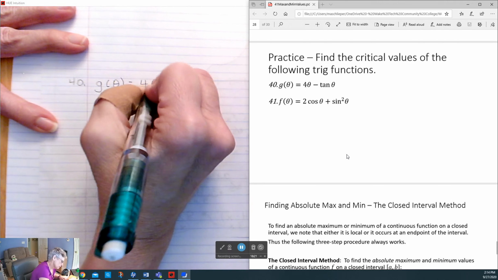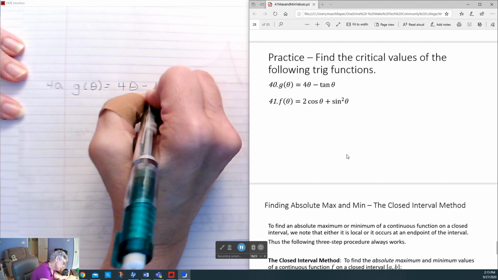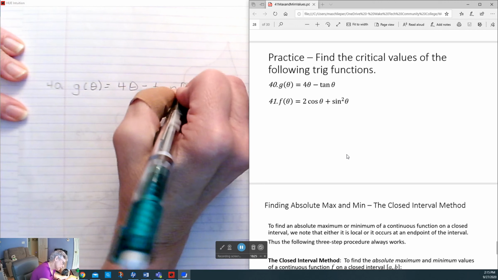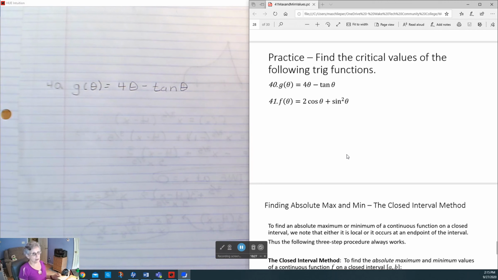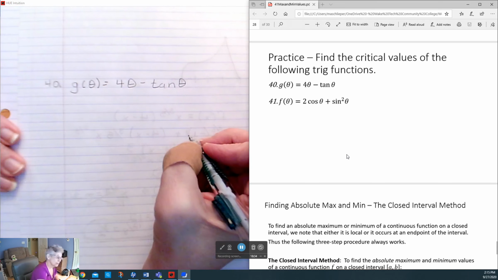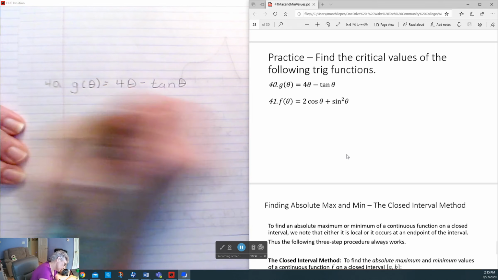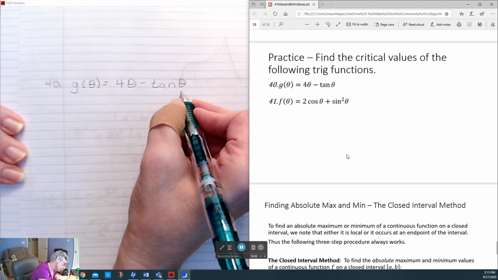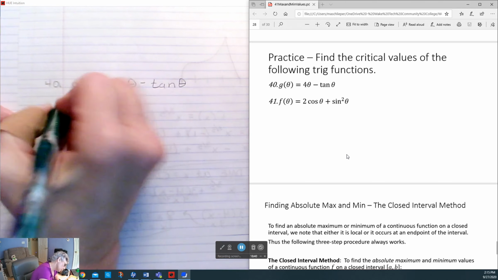For theta minus the tangent of theta. So first thing you ask, is it differentiable everywhere? Everywhere in the domain. And everywhere in the domain it is differentiable.